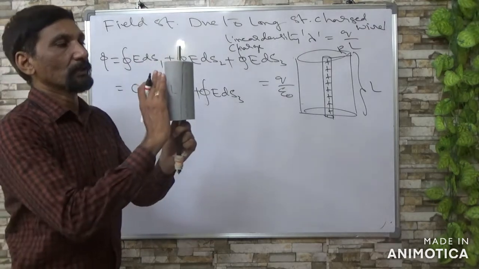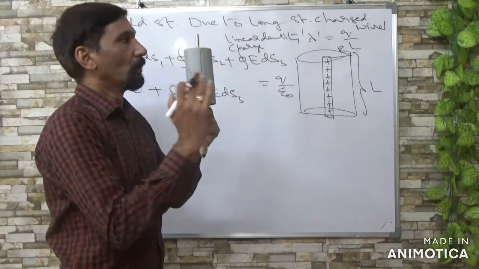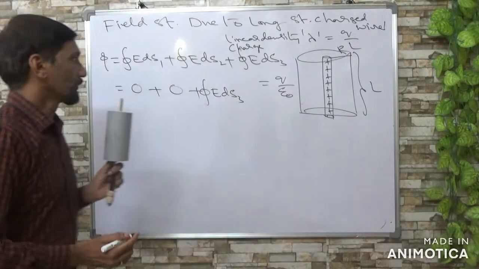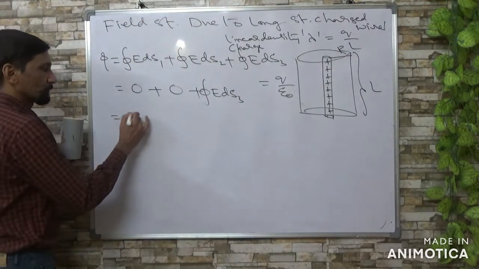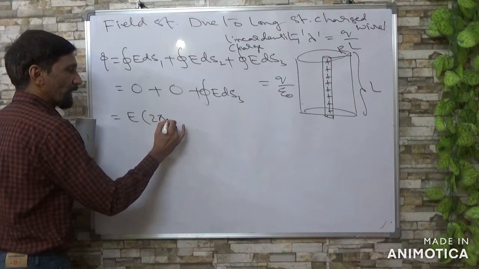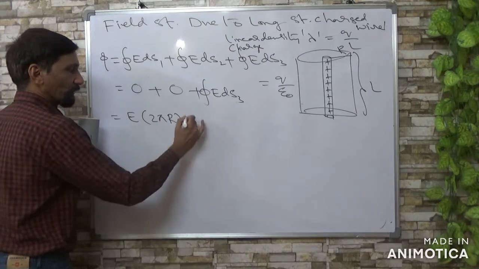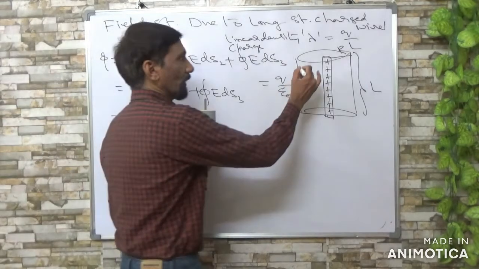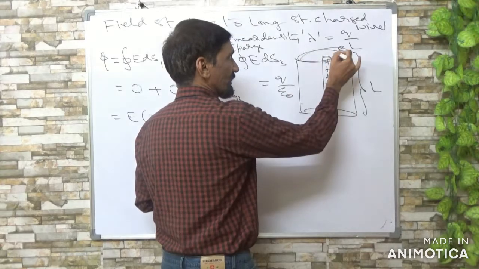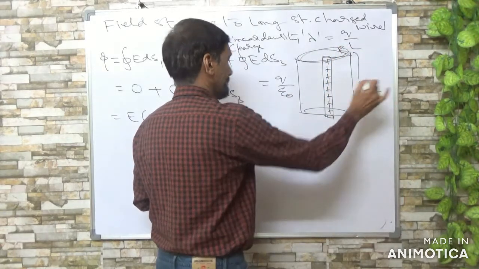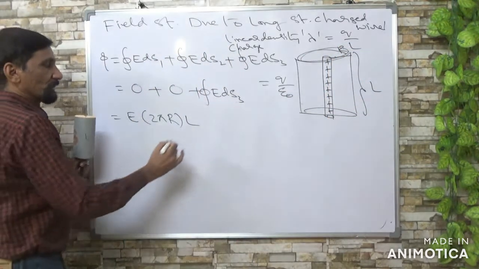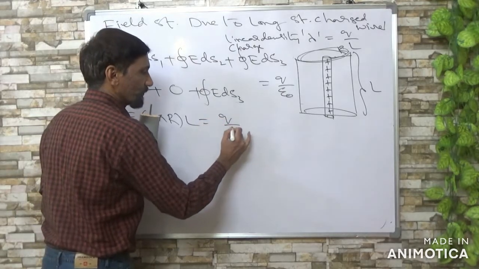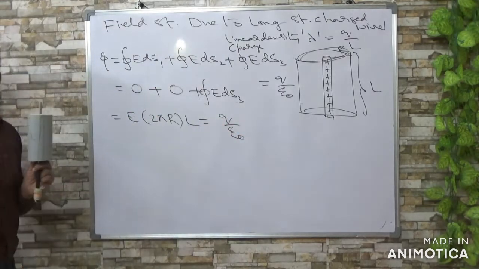The curved surface area of the cylinder is 2 pi r into L. Here the Gaussian surface has radius r and length L, so E times 2 pi r L is equal to Q by epsilon naught.